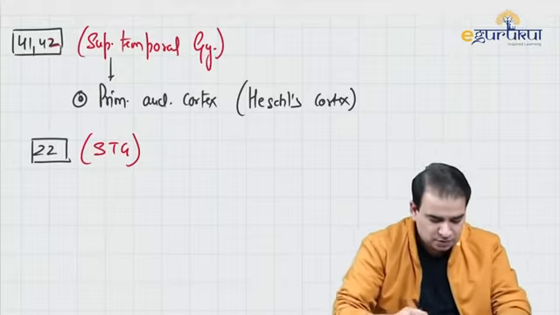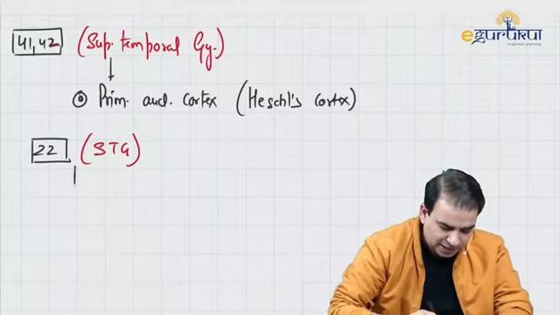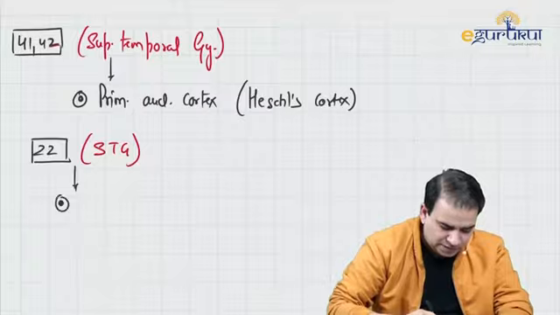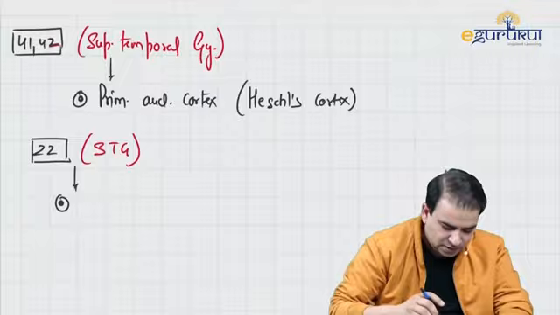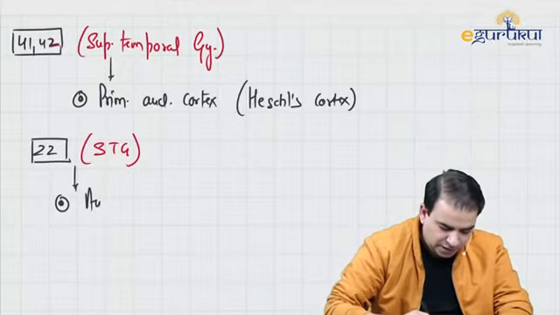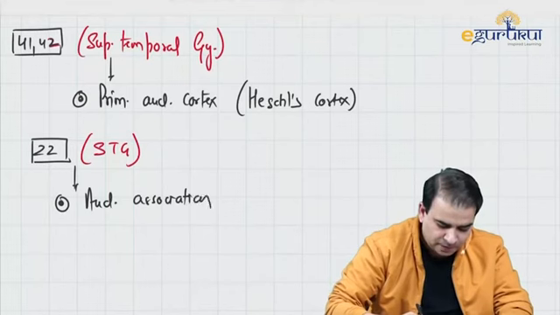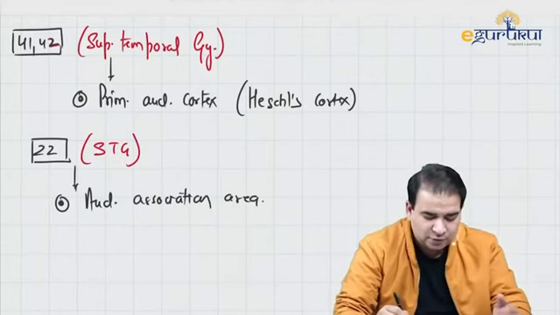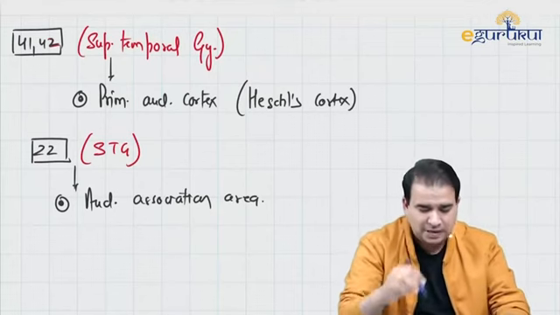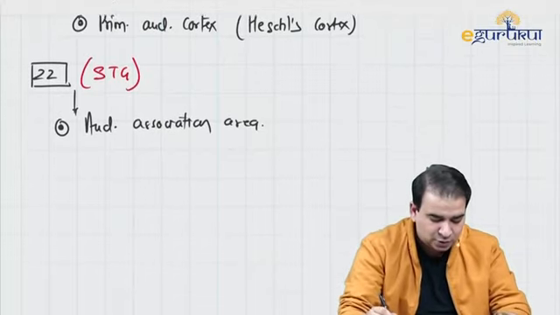Please note, area 22 is the auditory association area. The main auditory area is 41, 42, and it is encircled by area number 22, the auditory association area.